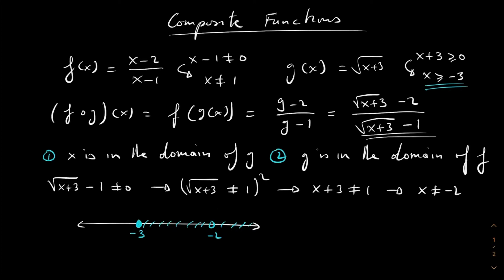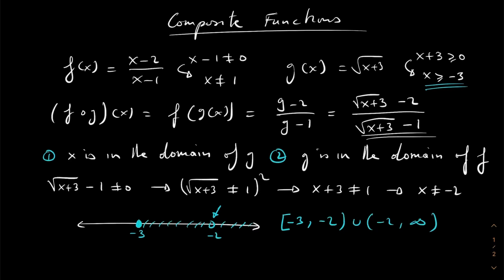Next, since x should not be equal to negative 2, we are going to leave the circle here open to say that negative 2 is excluded from the domain. And so in interval notation, this is going to look like a closed bracket, negative 3 to negative 2, and then open bracket from negative 2 to infinity. And so with that, we will be done.